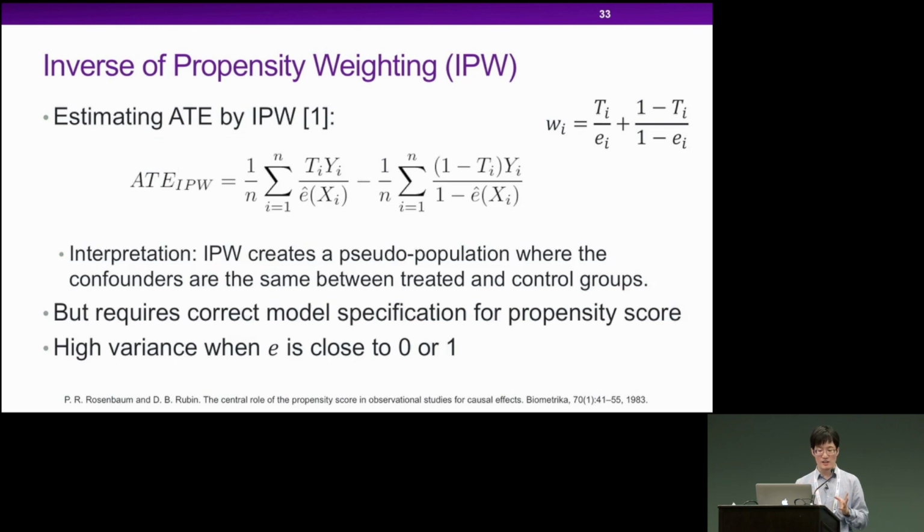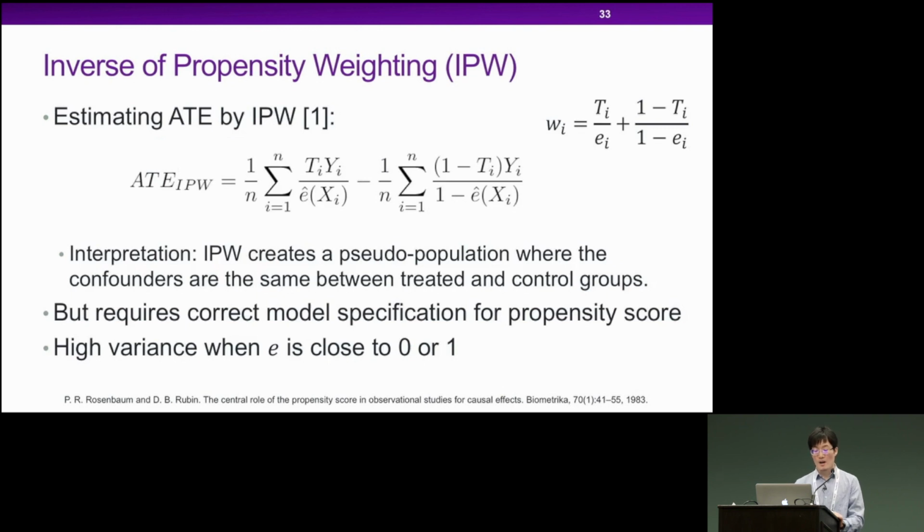In this new data set, we can directly apply the ATE: we just use y1 minus y0 and take the expectation to measure the ATE, because X has been balanced by the weights. So the interpretation here is that IPW creates a pseudo population where the confounders are the same between the treated and the control group.